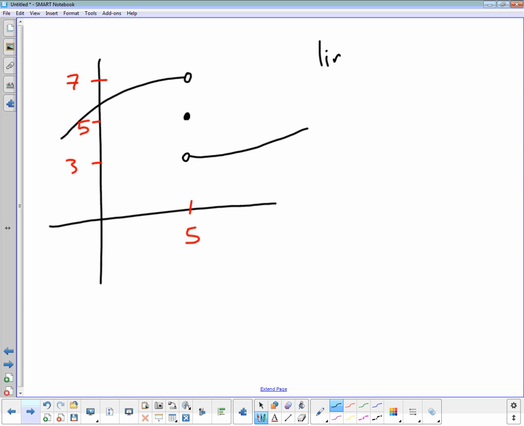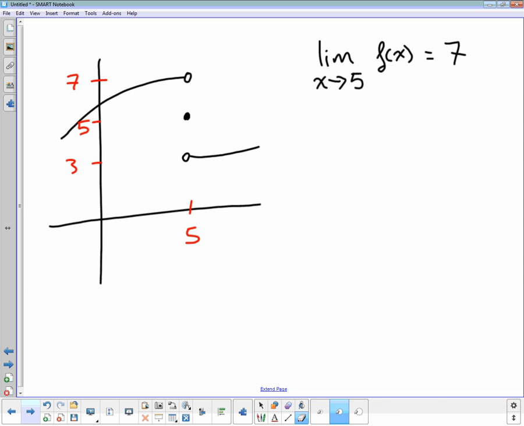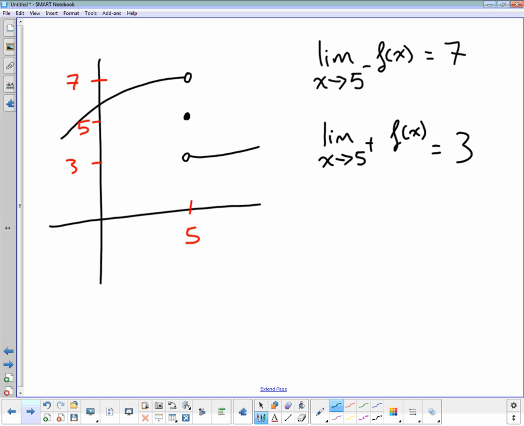So the limit as x approaches 5 from the left of f of x, whatever f of x is, equals 7. The limit as x approaches 5 from the right equals 3. And the function itself doesn't even equal 7 or 3. It equals 5.